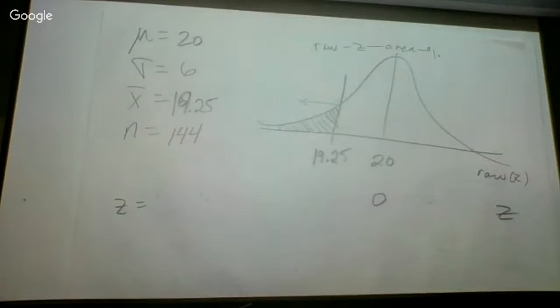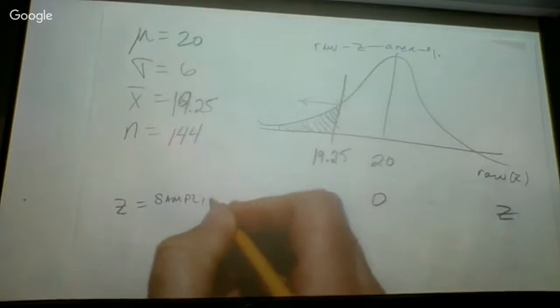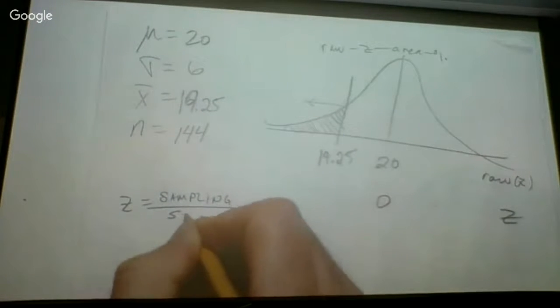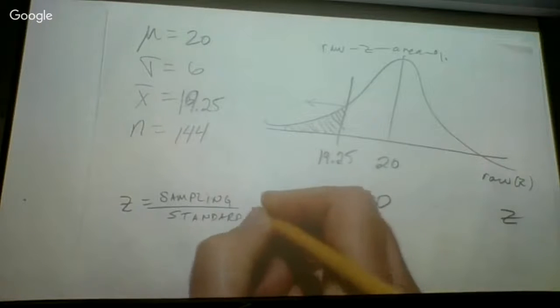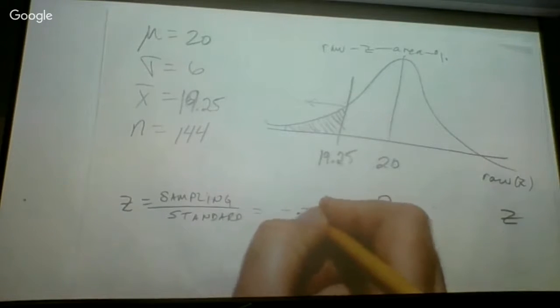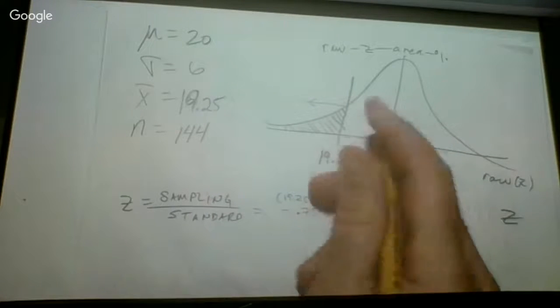What's my z-score formula? 5 or 6 words, please. Tiffany? Sampling error. Sampling error over standard error. Wonderful. What's my sampling error in this case, Tiffany? 19.25 minus 20. Otherwise known as -0.75.